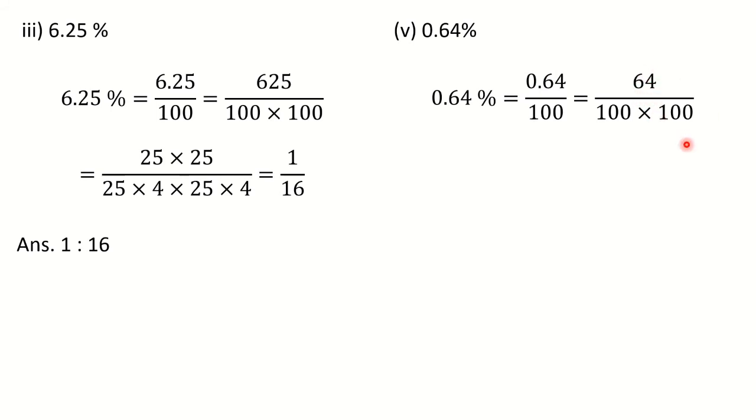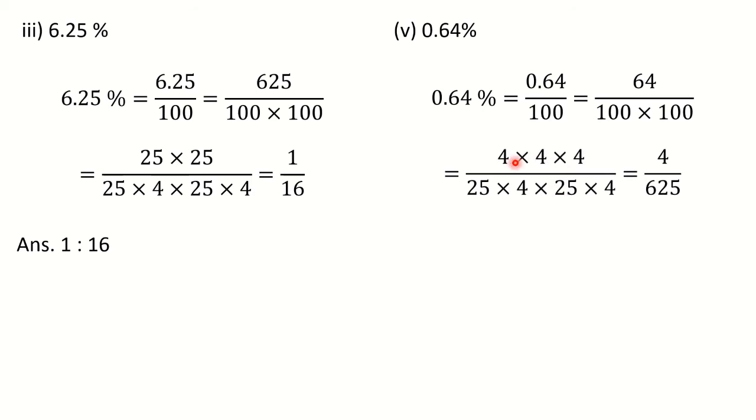Got it? Now as I have said, don't go for multiplication. Instead go for factorization. This 64 is a perfect cube of 4. 64 we can write as 4 into 4 into 4. And 100 you can write as 25 into 4 and 25 into 4, because we have 100 2 times.